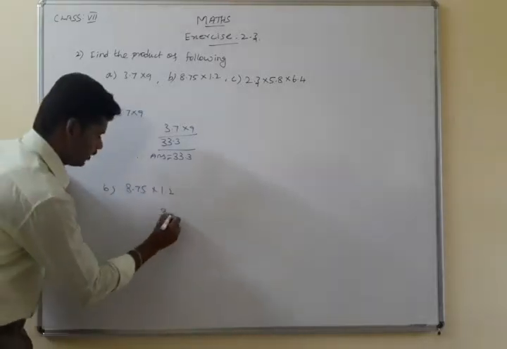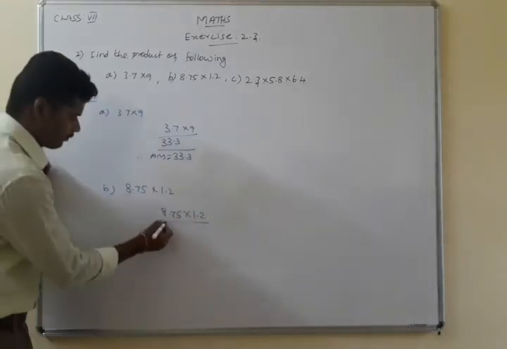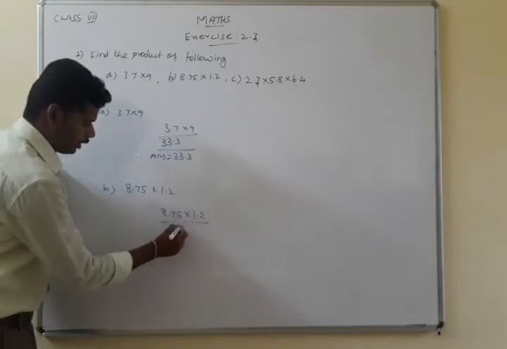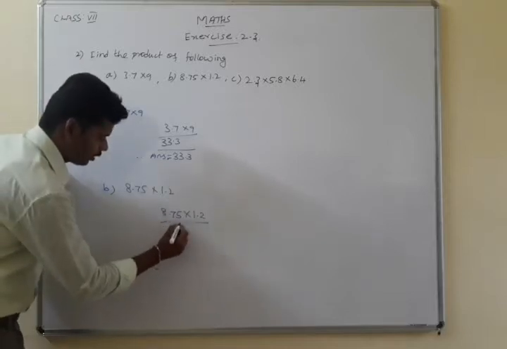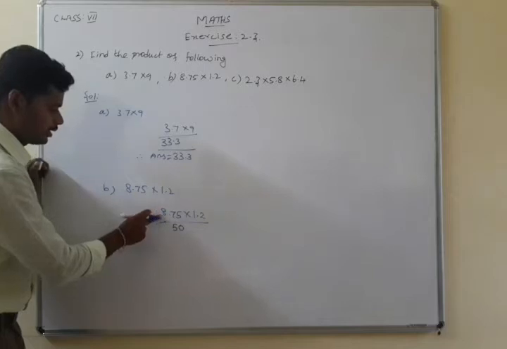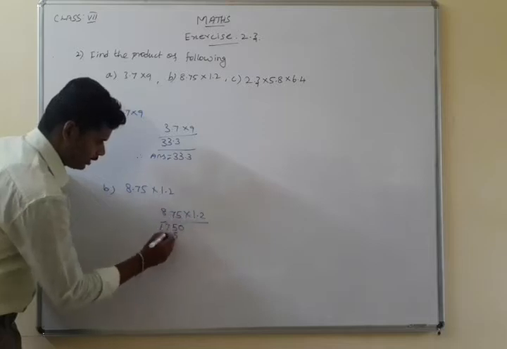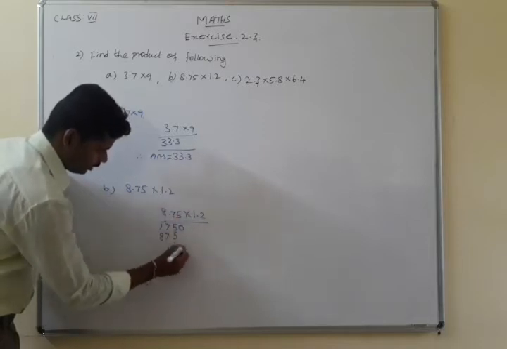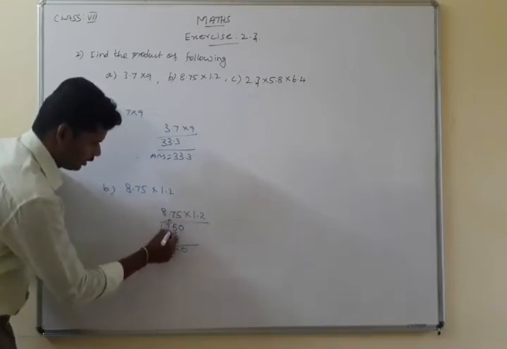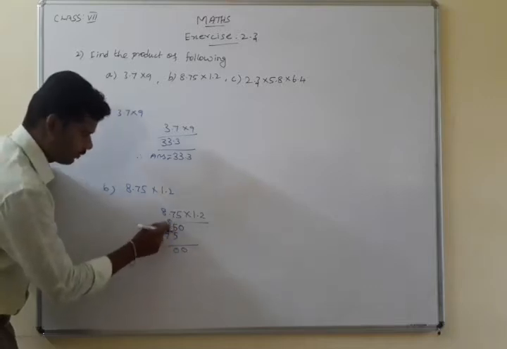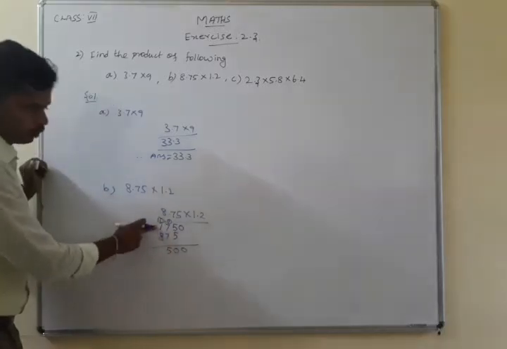So 8.75 multiply 1.2. 2 fives are 10, remainder 1. 2 sevens are 14, 14 plus 1 is 15. 2 eights are 16 plus 1 is 17. So 1 7 5 0. Then 0 here. 1 seven is 7, plus 14... 14 plus 1 is 15, remainder 1. 1 plus 1 is 2, 2 plus 8 is 10.